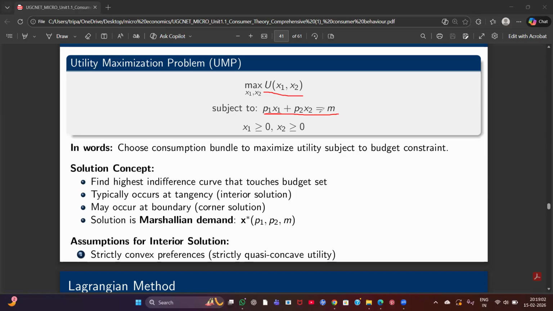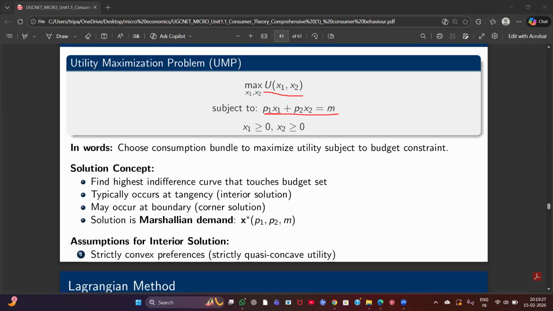His total expenditure should be less than or equal to M. The general problem is to maximize my utility, where my expenditure should not exceed my money income. So my constraint will be P1 x1 plus P2 x2 should be less than or equal to M. But for mathematical application, we convert this inequality into an equality.